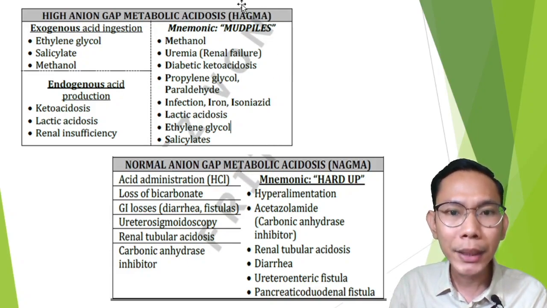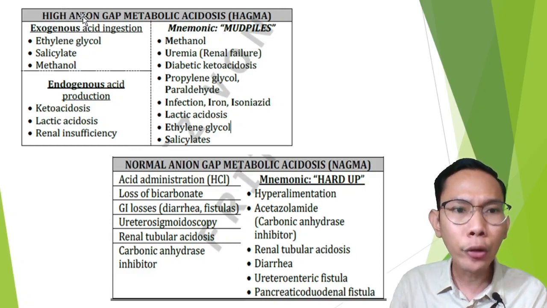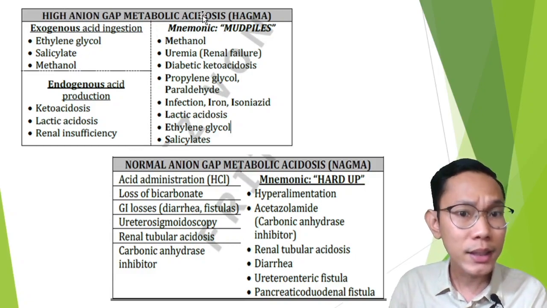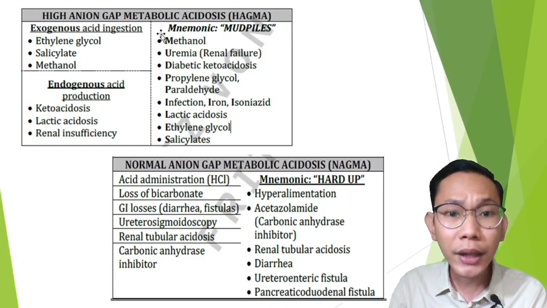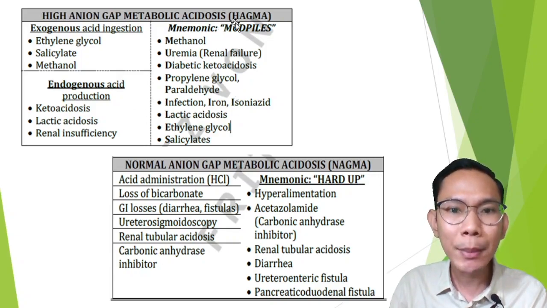That's what we call HAGMA, and this is what we call NAGMA. When we compute a normal anion gap, this is the possible diagnosis. But if we computed that the patient has metabolic acidosis and the anion gap is high, these are the possible diagnoses. Our mnemonic for HAGMA, high anion gap metabolic acidosis, is MUDPILES.